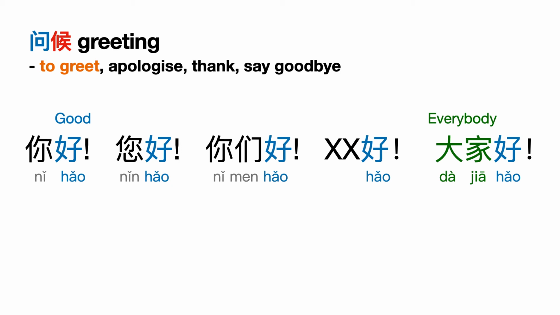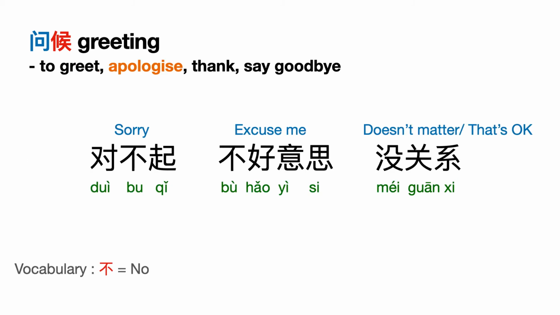Okay, after you greet people, maybe you want to learn how to apologize to people. Sorry in Chinese is 对不起, dui, bu, qi. See, this is the one without the tone. 对不起.